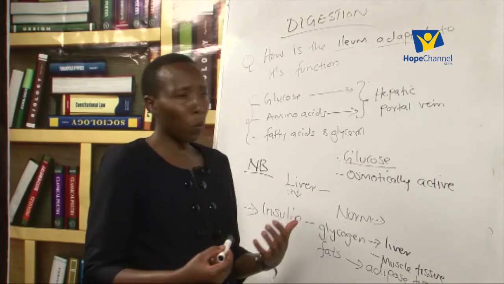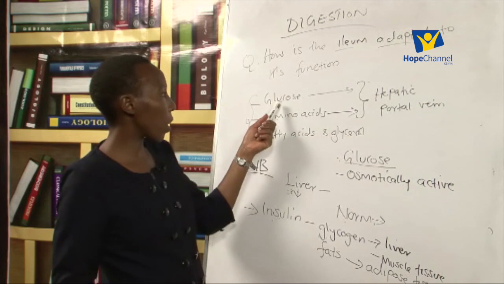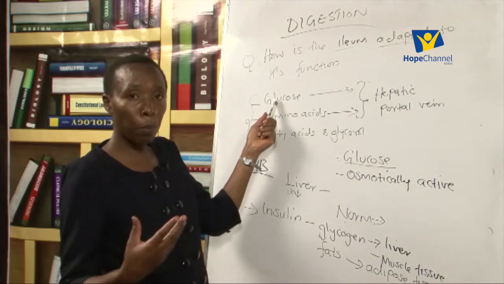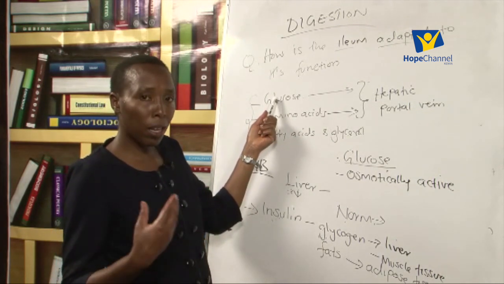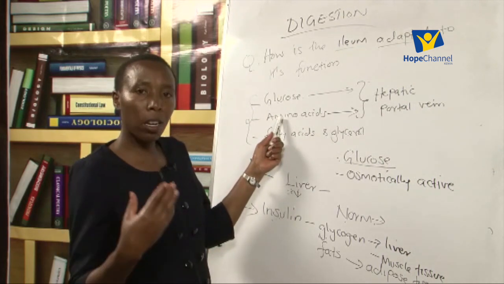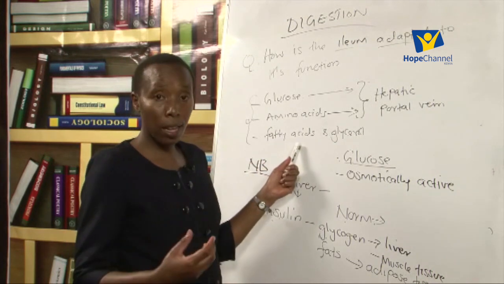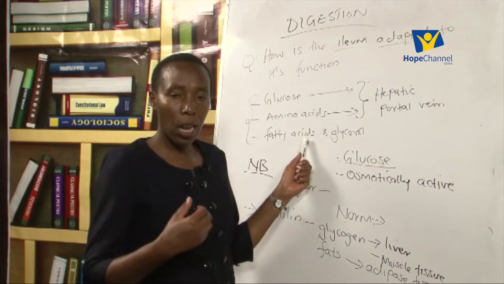Now, what were our end products of digestion? We say that we have glucose from the breakdown of the carbohydrates. We have the amino acids from the breakdown of the proteins. We have the fatty acids and glycerol from the breakdown of lipids.